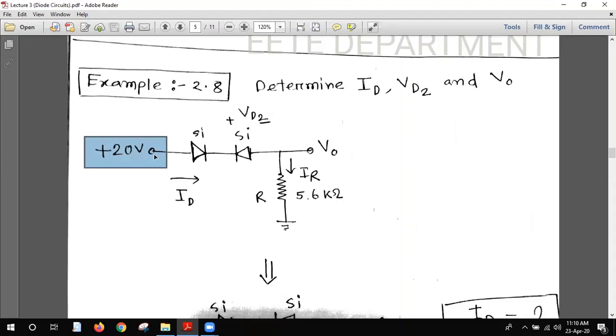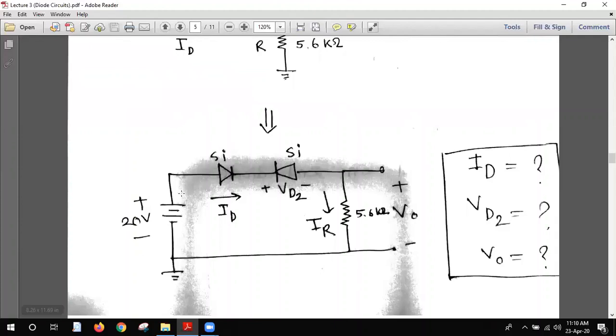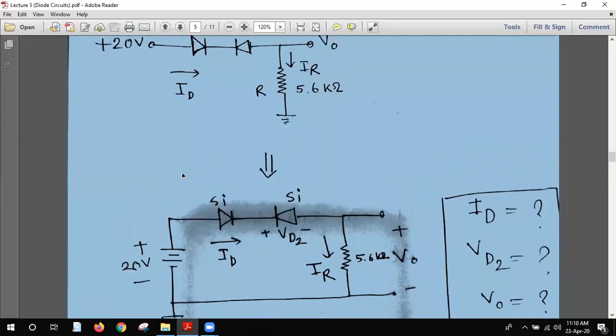The positive sign is closer to this point. You see that? It's just a comparison: the positive terminal is on the upper side, closer to the point.